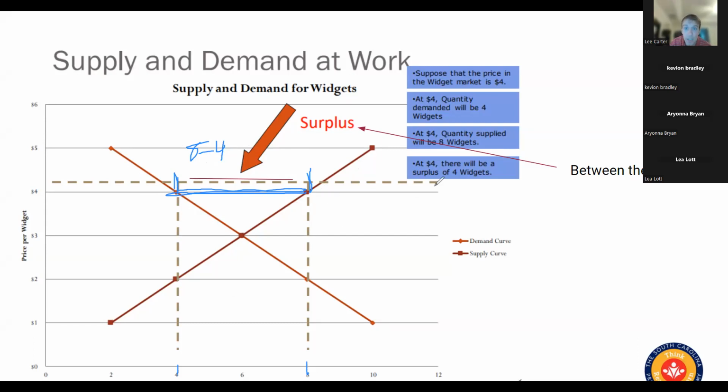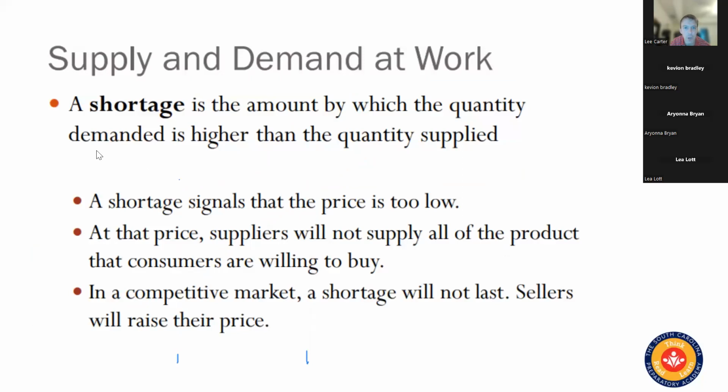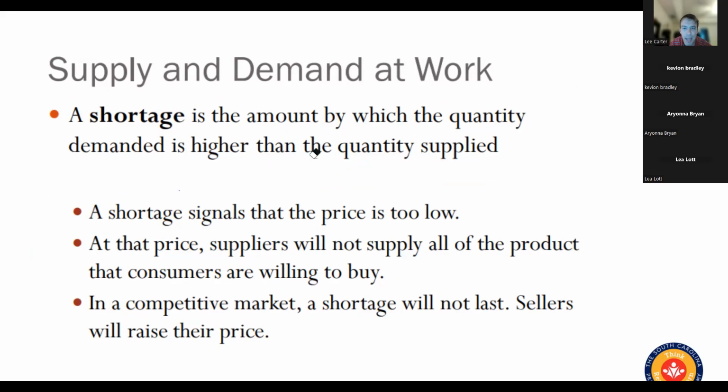As I said, that's an example of what's going to happen with the Halloween stuff today. Now, on the other hand, there's a shortage when you're down here. So that's the next thing we'll look at. The next part is going to be a shortage, which is the amount by which the quantity demanded of what people would want to buy is not being met because people aren't supplying that much.